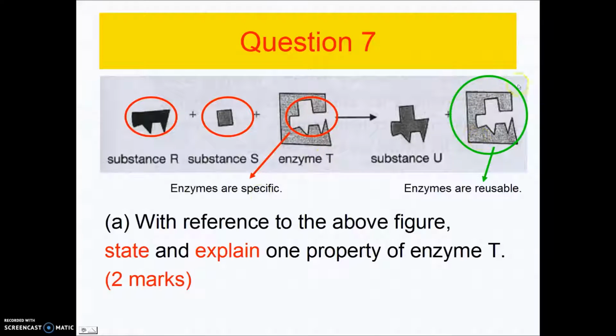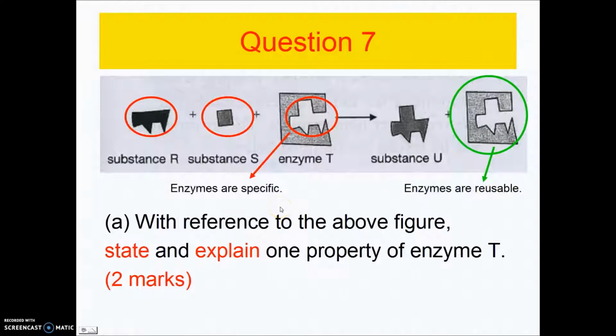And if we observe the overall shape of the enzyme after the reaction, you can also see that the enzymes are reusable. So if you need to state one property of enzyme T, you should either state enzymes are specific or enzymes are reusable.